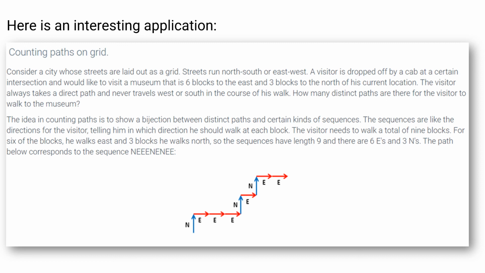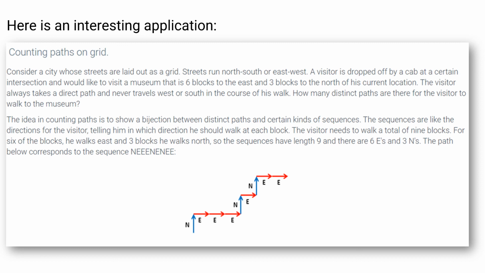So this is one of the paths that would get him to the point where he needs to go. But you see, he could have done all 3 of the blocks north first and then just gone straight over east the rest of the way. But there's, of course, all kinds of possibilities.